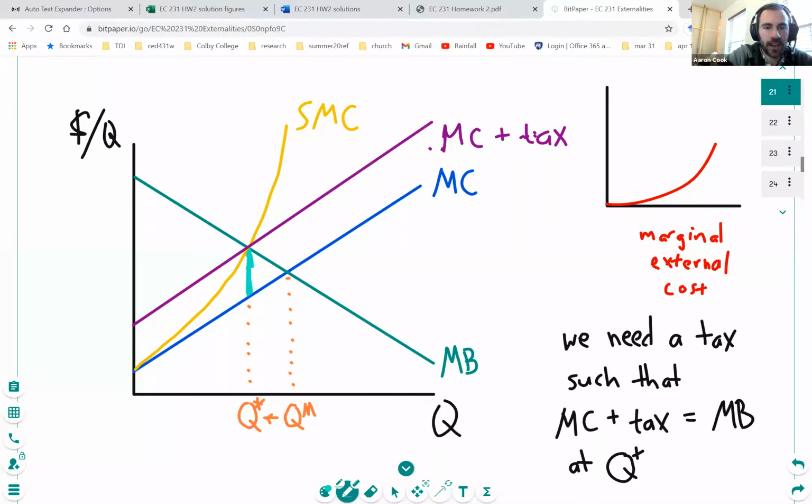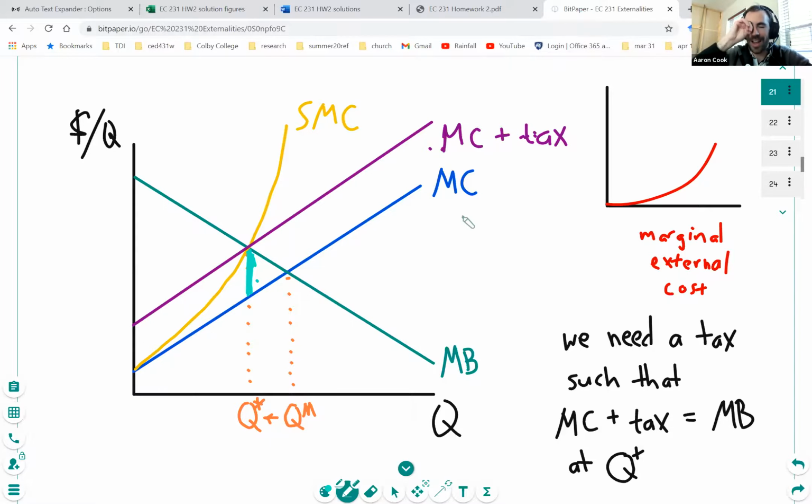And so the optimal tax, or the tax that would get you to Q star, is whatever the vertical height of that line is. That's the per unit tax that will be enough to incentivize suppliers to cut back on their production enough to reach Q star rather than QM.